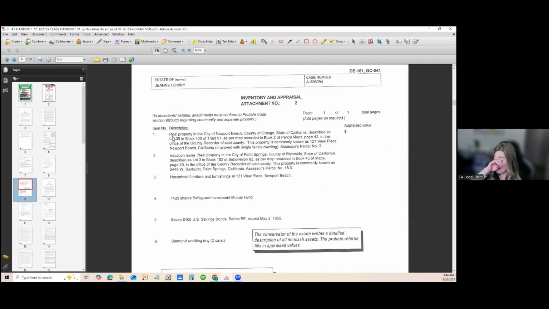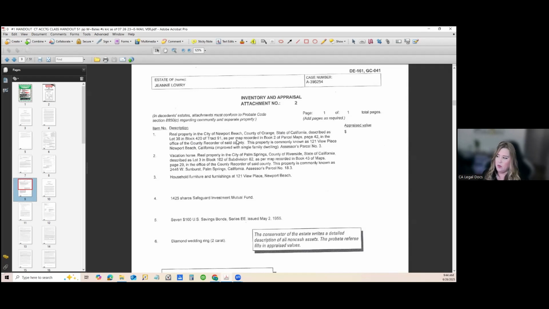So if this person owns property with a sister, a brother, another family member, I will list 50% interest in real property in the city of, and I will gather this information. I have software, or I'm able to pull deed information. So I look it up and I describe the property using the legal description.